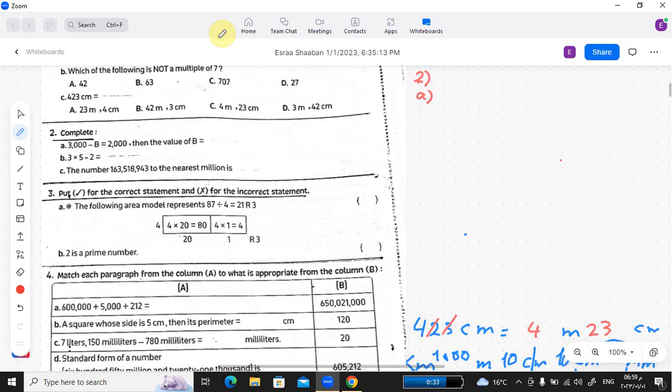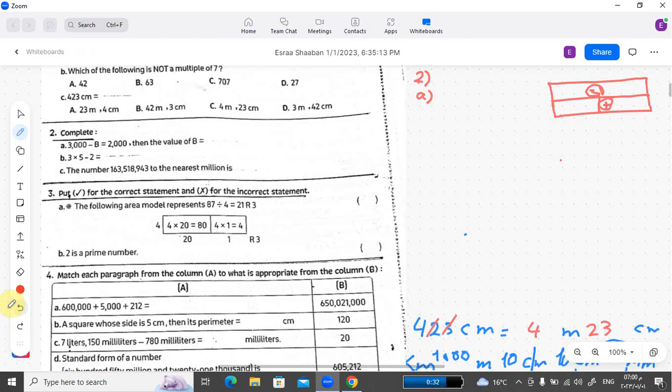Question number 2, complete. Letter A. 3000 minus B equals 2000. When I have any variable, we need to use a bar model. We draw a rectangle like that, and between we have plus and here minus. After that, in this side 3000 minus B, between the 3000 and the B is minus.